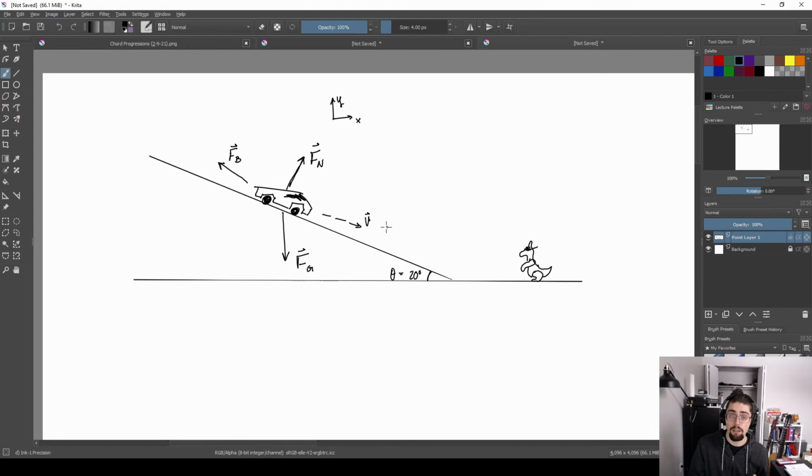If instead I was clever and picked different axes, maybe I think about some other way that I could arrange all of my forces that would still get the job done, but might make this a little bit easier. The best way that I would imagine this is to label Y coming like this, and X to be going down the slope.